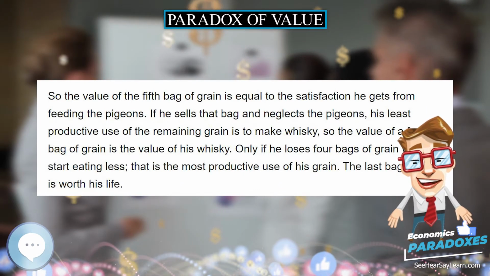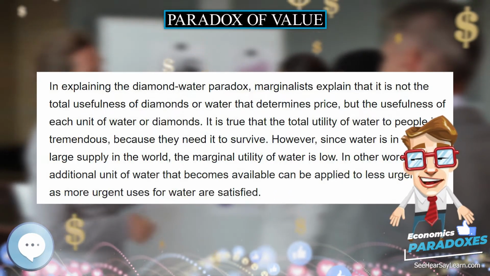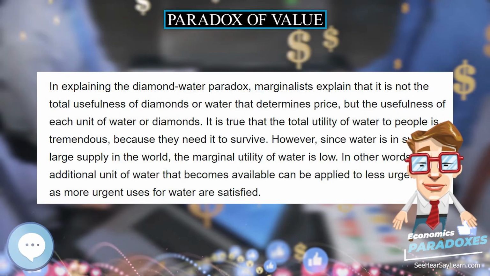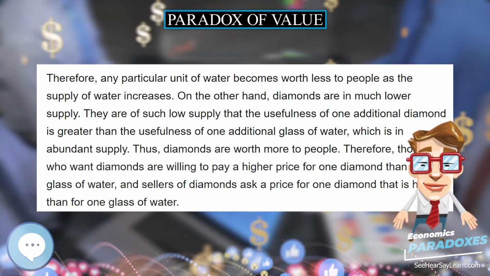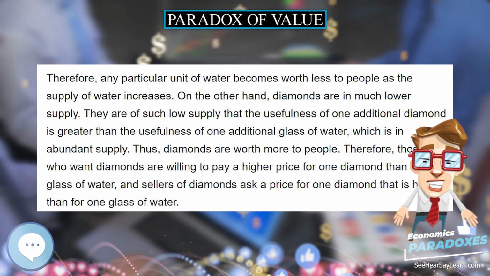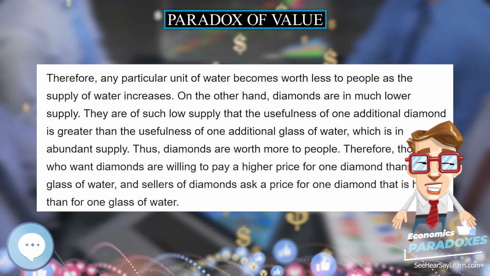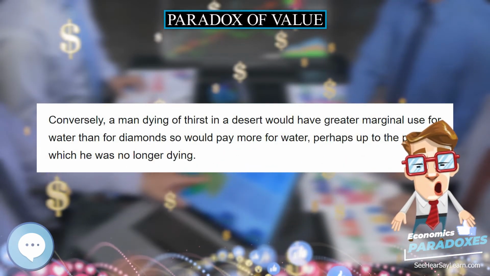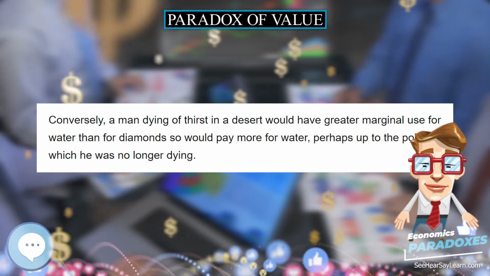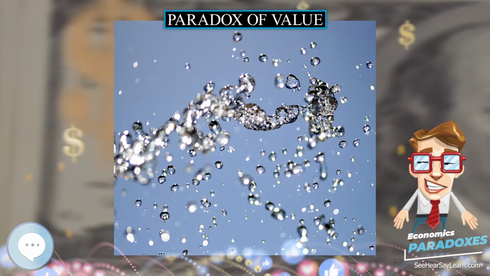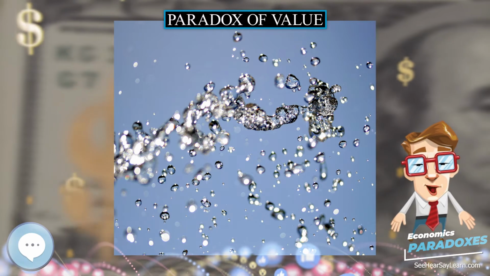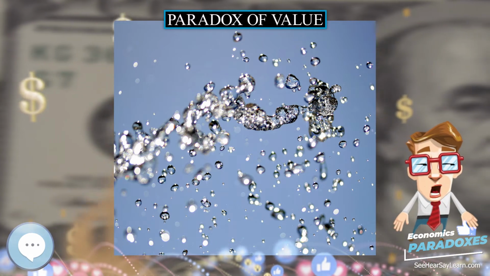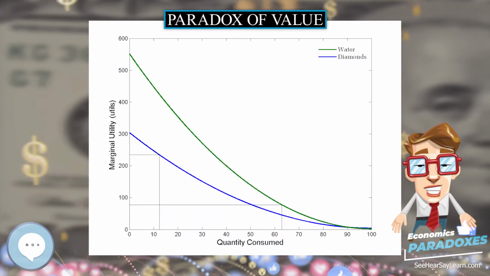With the first, he will make bread to survive. With the second, he will make more bread, in order to be strong enough to work. With the next, he will feed his farm animals. The next is used to make whiskey, and the last one he feeds to the pigeons. If one of those bags is stolen, he will not reduce each of those activities by 1/5, instead he will stop feeding the pigeons.